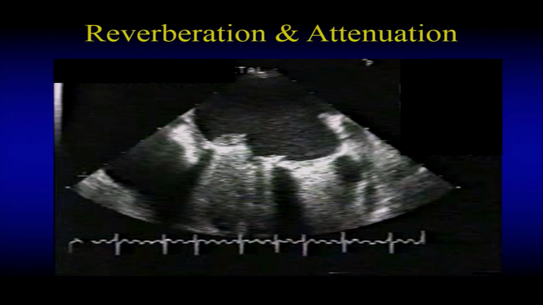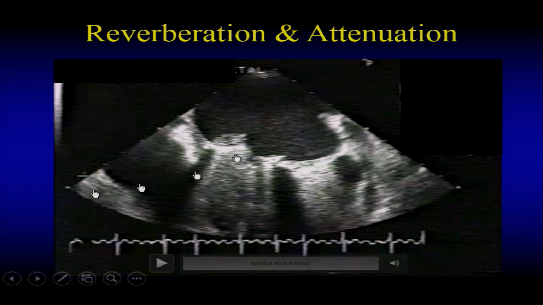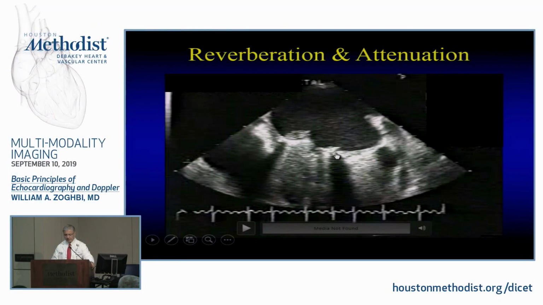Okay? So let's talk about a few things, reverberation versus attenuation, okay? This is attenuation. It's nice to have the two things in the same image. I have a mechanical prosthesis here, and it's reflecting, so I'm sending the ultrasound here, and most of it is reflected back.